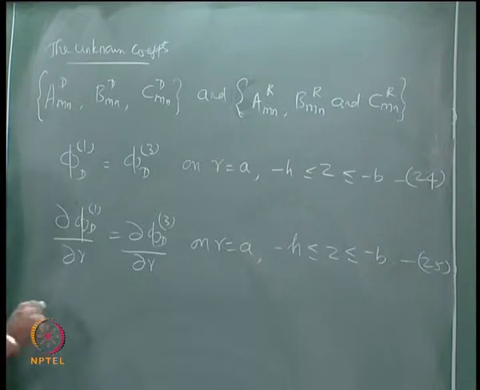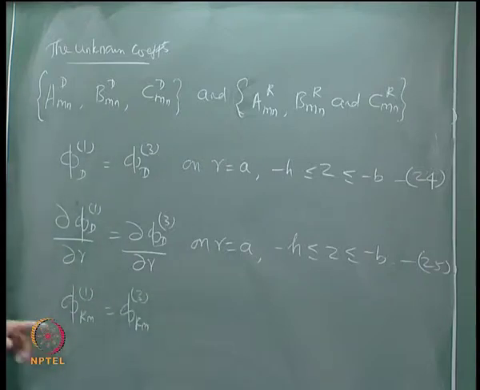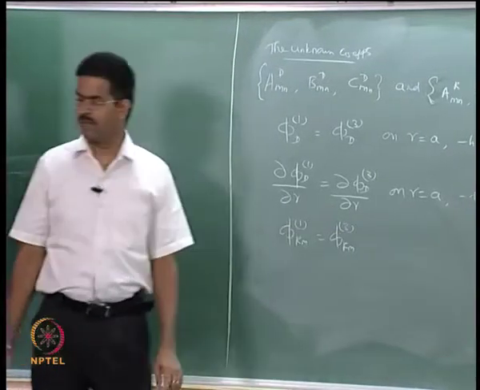Similarly, phi Rm1 is phi Rm3, that is the radiation potential on mth modes for region 1 and 3.